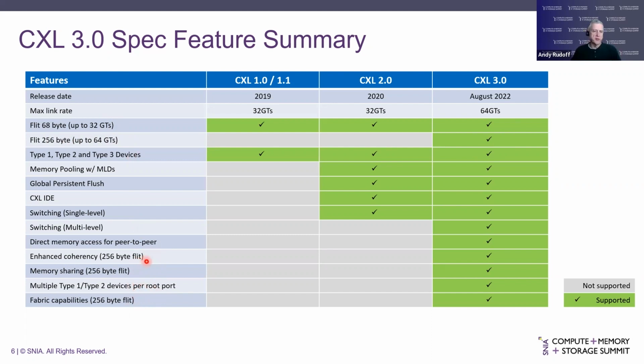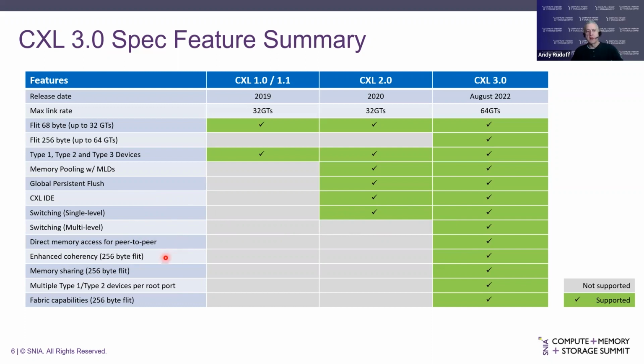So in CXL 2.0, we added some basic memory pooling. We added things like global persistent flush that allows us to support persistent memory. We added CXL IDE, that's the link integrity and data encryption security features in CXL. And we added a single level of switching. But then in 3.0, we expanded that to multi-levels of switching, features like being able to talk peer-to-peer, and I'm going to show you what that means in a moment.